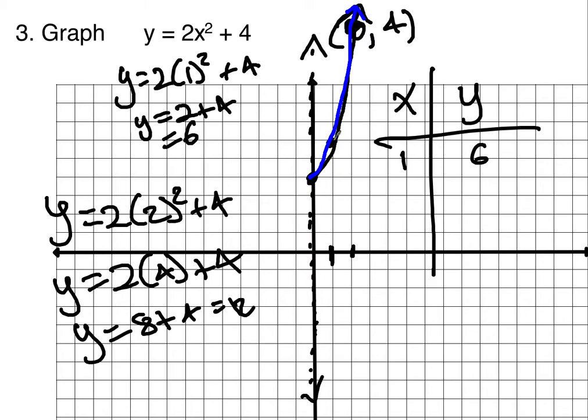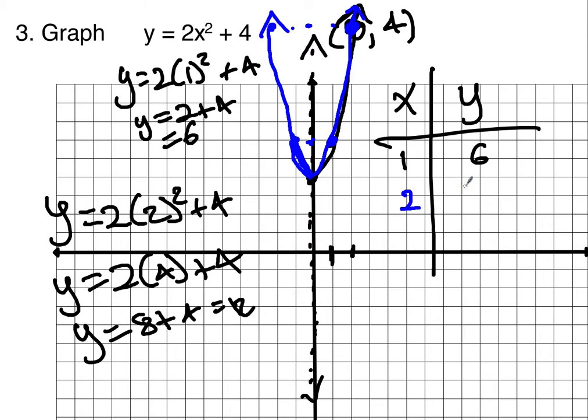Well, what we know is if this point right here is 1 away from the axis of symmetry, then if we go 1 more on the other side, we have a point over here. So this is one of the points on the other side. And then if we went up here to this point, it is 2 away from the axis of symmetry. So if we go 2 more, there's another point.